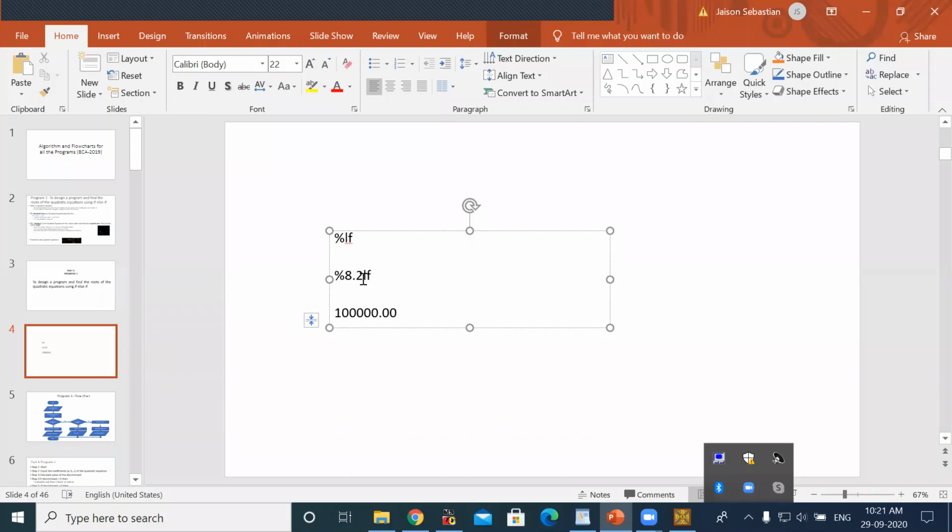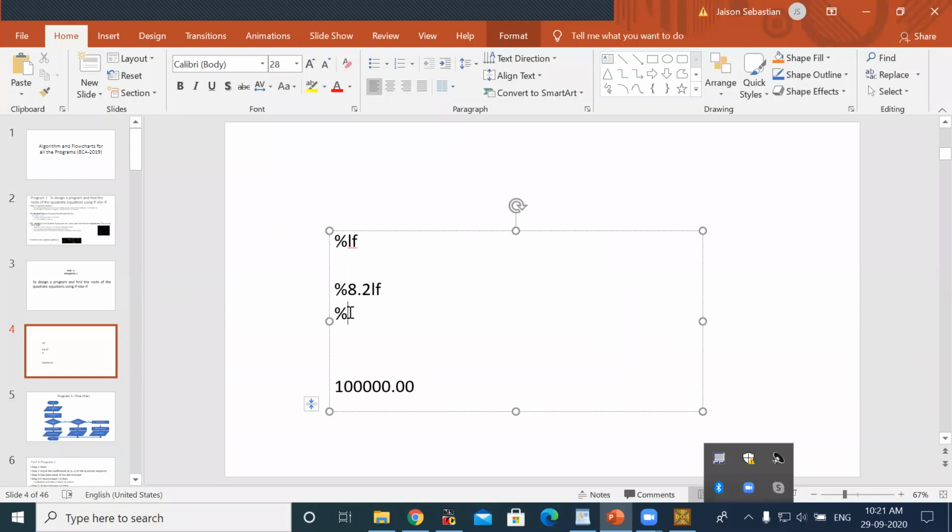You can give 8.2, and if you don't want to restrict the total number of digits, only the decimal, you can give it like this: %.2lf. Are you able to see it? That means we are not restricting the total number of digits.